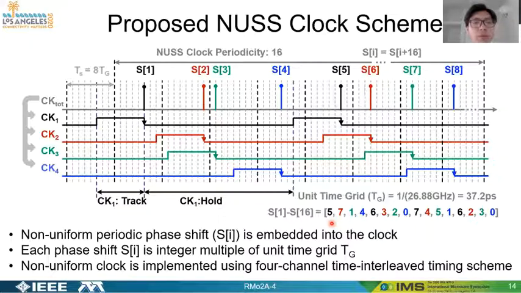In our prototype, the normalized phase shift, Si, is within 0 to 7. The periodicity of the non-uniform clock pattern is 16, so the sampling instant of each channel is repeated every 4 samples. This clock pattern is generated using the aforementioned constraint and optimization methods.